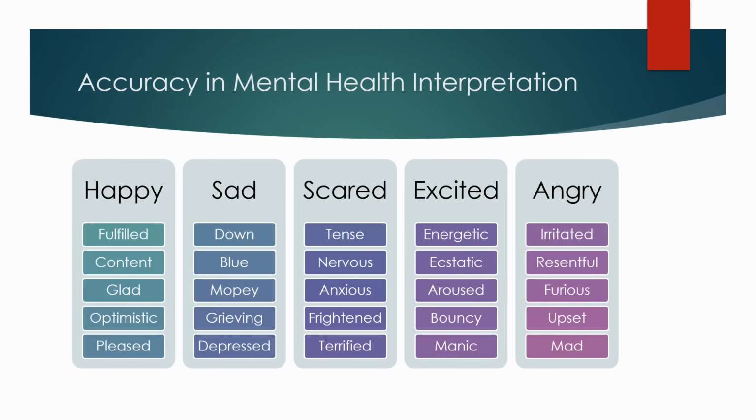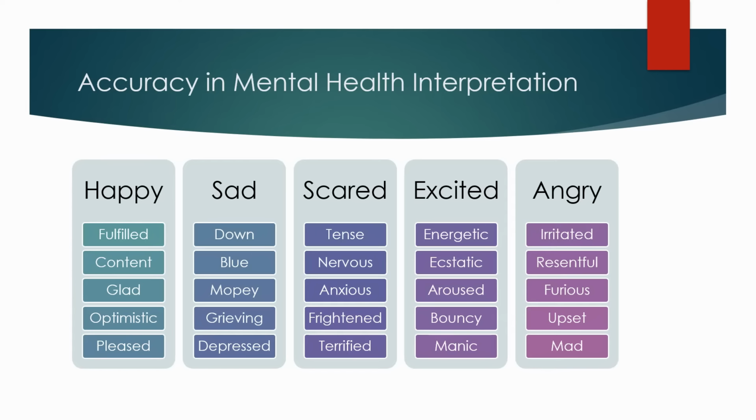Now, moving on to mental health interpretation, when we talk about accuracy, everything that was previously said applies in mental health interpretation. However, accuracy gets a little bit more complicated. There are so many words we use to describe our feelings. And there are often these kind of seemingly insignificant, minute differences between these terms.